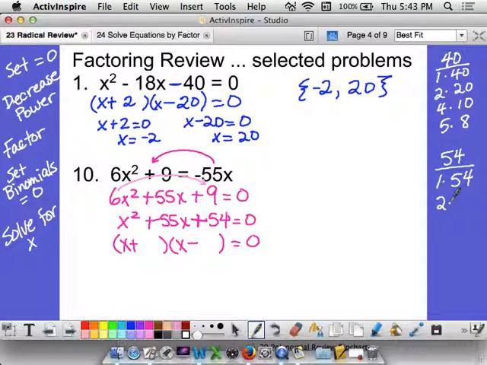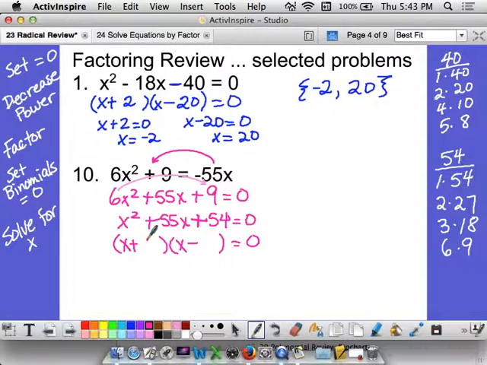Then I have 2 times 27, 3 times 18, 6 times, is there a 4? Nope, 6 times 9. So I'm looking at 1 and 54 to give me that 55.